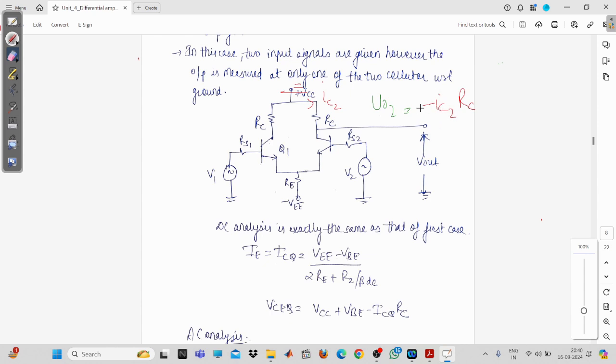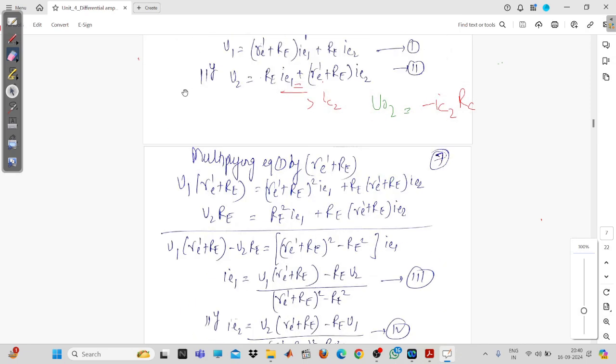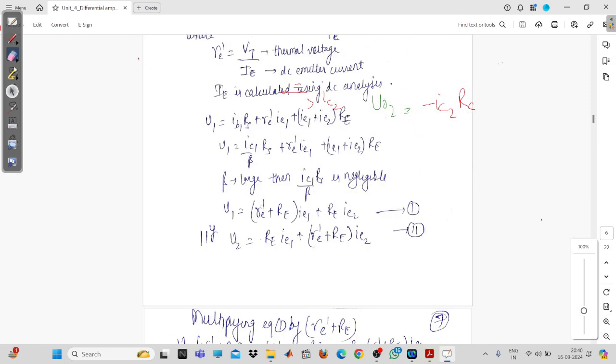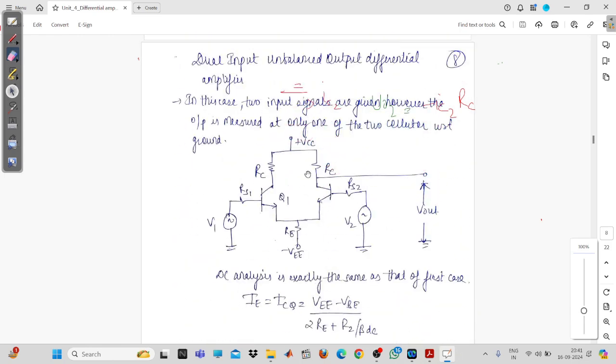Now similarly, like the thing which we have performed in the dual input balanced output differential amplifier, the same thing you will have to do. The entire thing will remain the same, but only this output will change because you are measuring the output voltage between one of the collector terminals and the ground.